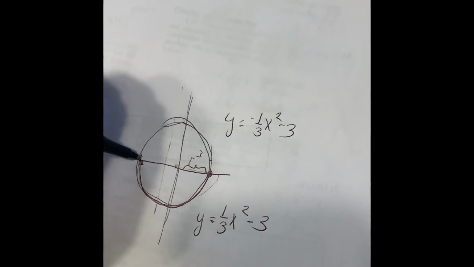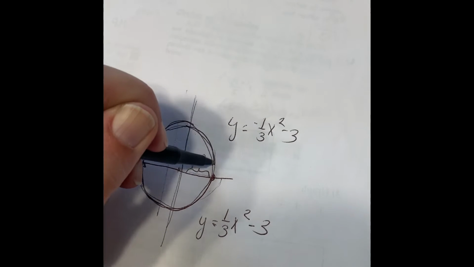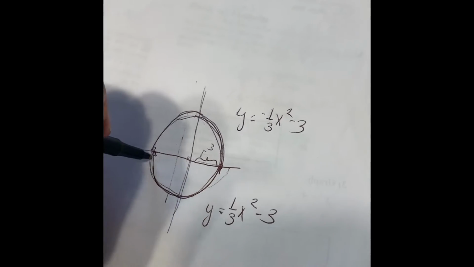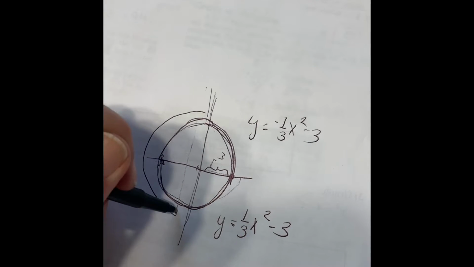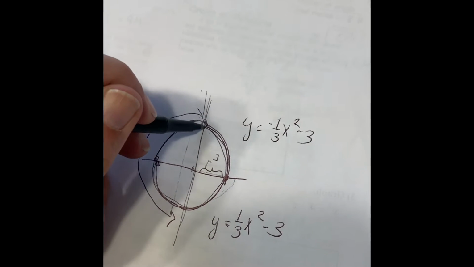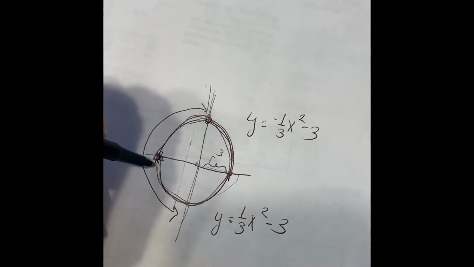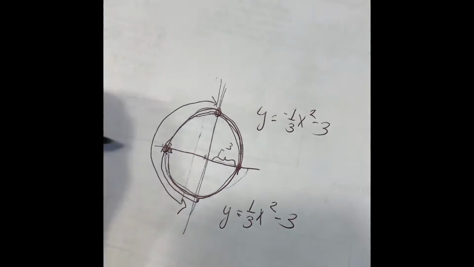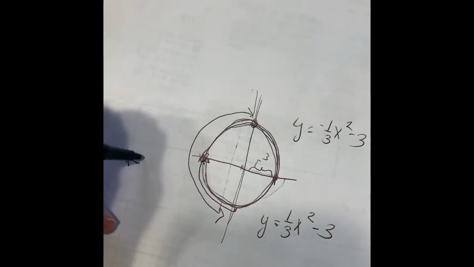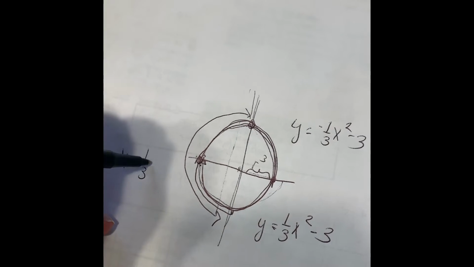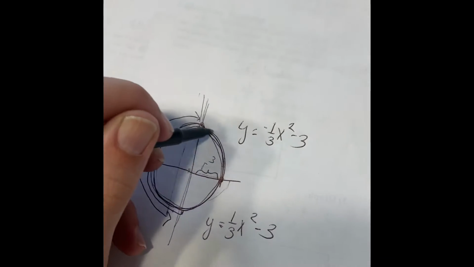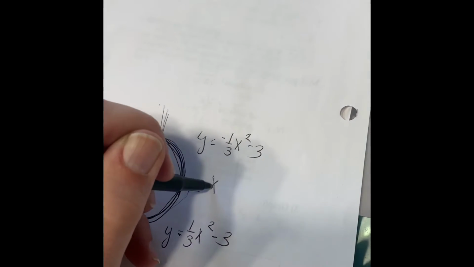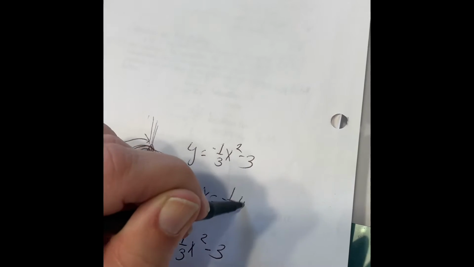So as we're looking at the individual sections, we can graph the individual parabolas. Now, if we instead look sideways, so we're going from here, this is now our vertex. So now this is x equals 1/3 y squared minus 3. And this one is x equals negative 1/3 y squared minus 3.